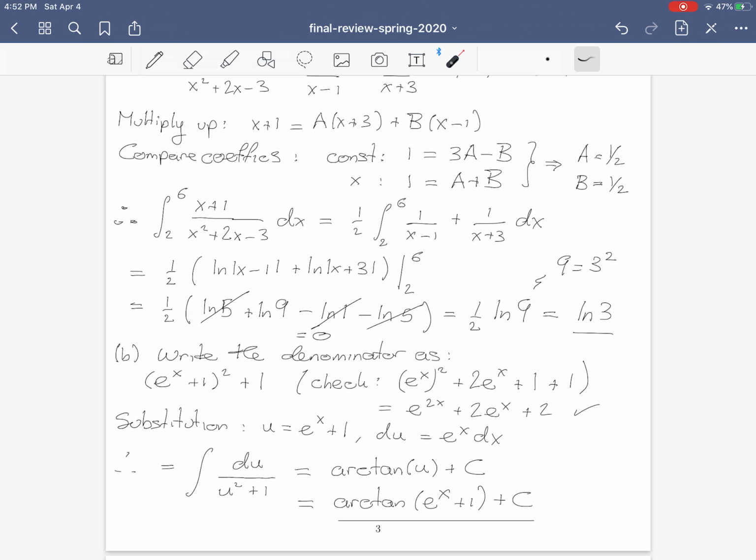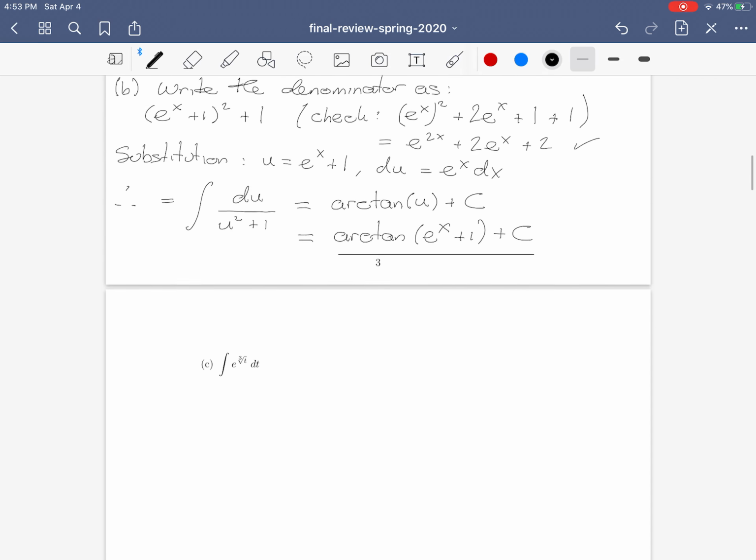If you had done that, then you would have ended up with an integral where you probably had to do another substitution in order to finally solve it. Doing this substitution here, I've essentially combined those two substitutions into one step, just to make things a little bit more efficient.